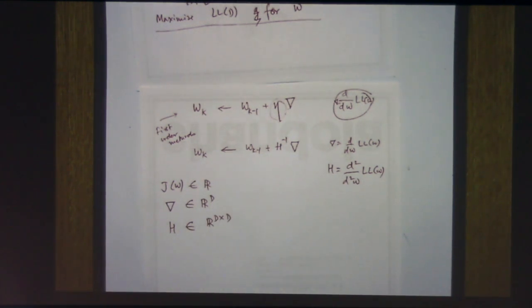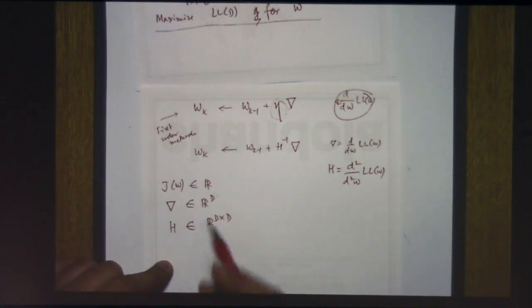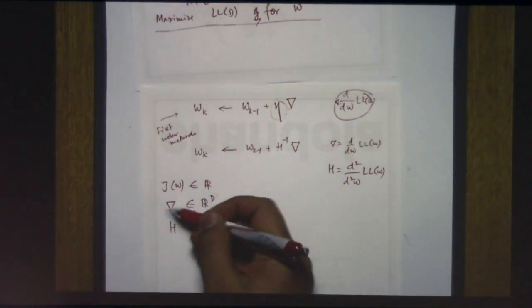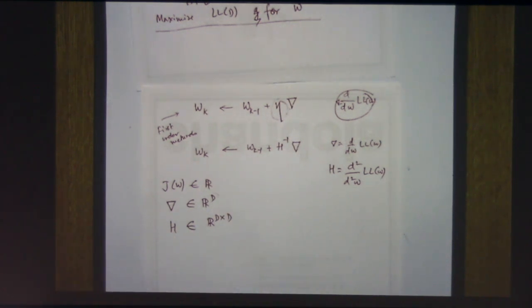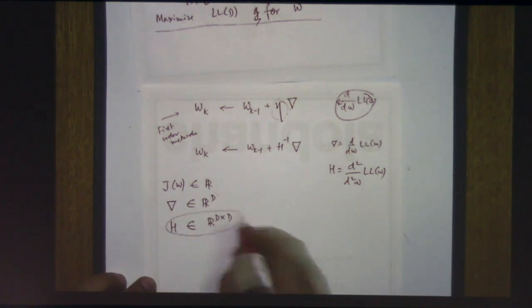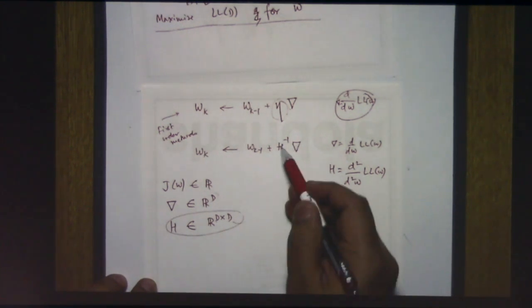because you will first compute the gradient, and then you will take the second derivative of the gradient with respect to your weights, right? So your gradient is a vector, your weight is a vector. So you will compute every pair derivative and you get a Hessian. So that's why here you see this inverse.